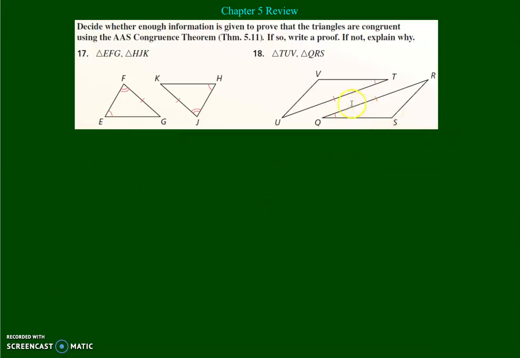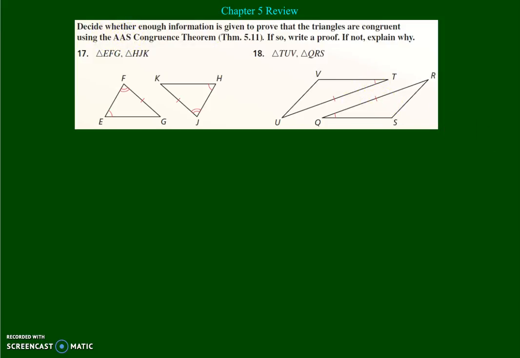So in problem 18, we're given that segment UT is congruent to QR and angle T is congruent to angle Q. Unfortunately, there's no other information given. We have no parallel lines, no other angles, so we lack information to prove that these two triangles are congruent at all, let alone with angle side.